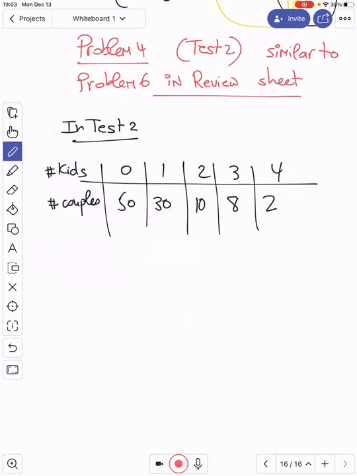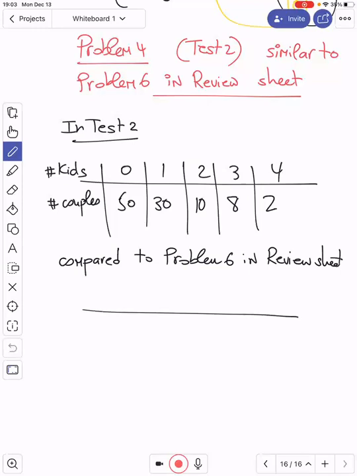Let me compare this to problem 6 in the review sheet. In problem 6, you have your x and the probability of x.